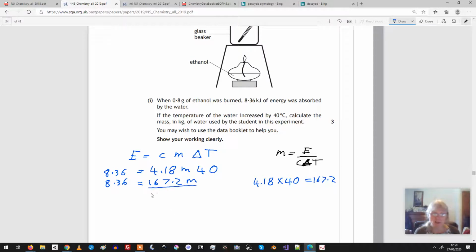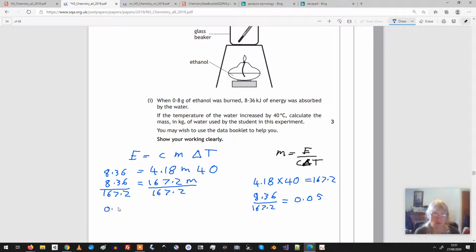And now I'm just going to divide both sides by 167.2. And I shall put that into my calculator as well. 8.36 divided by 167.2 is 0.05.